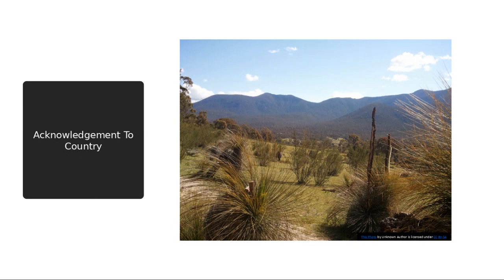So I would like to acknowledge the traditional custodians of the land that have shown us how to manage land in such sustainable ways. And I'd like to acknowledge elders past, present and emerging. And I would also like to acknowledge any Aboriginal or Torres Strait Islander people engaging with this presentation.